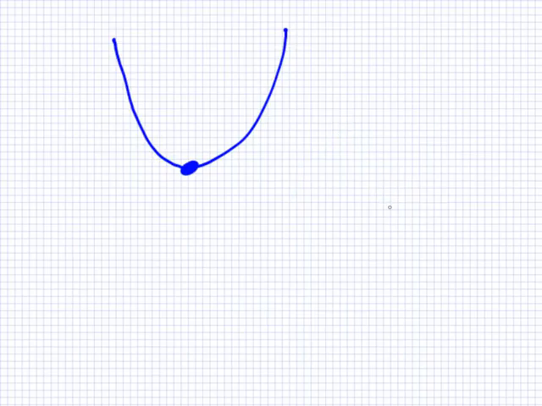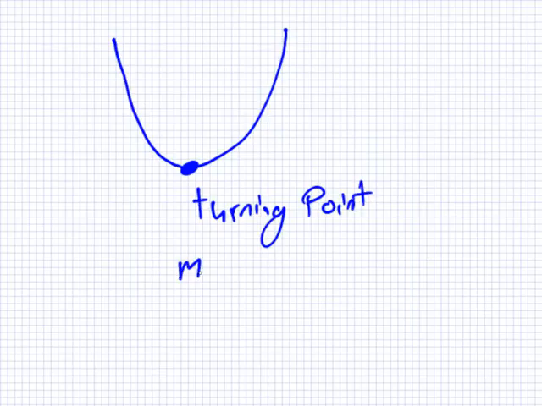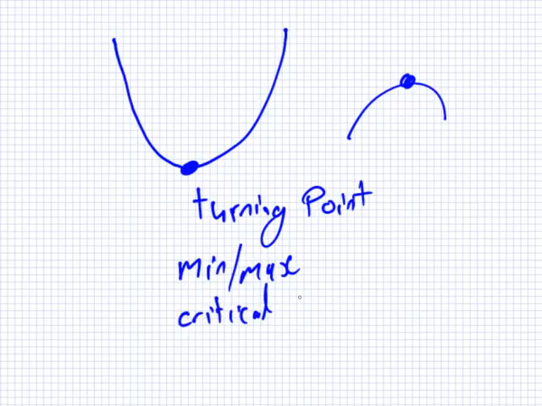Does anybody remember the name of this point? Turning point, and there's another name as well. Minimum, yeah. Turning point, minimum or maximum. Anything else? Critical, very good. Critical point. That's not really one I use though, I'll just put a line through it. No, but it's fine. Anything else?